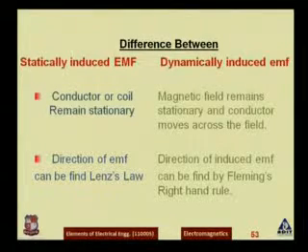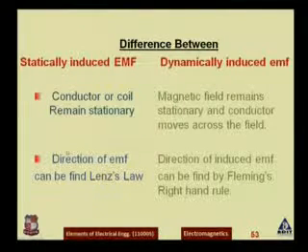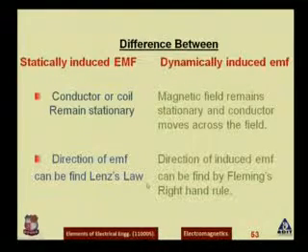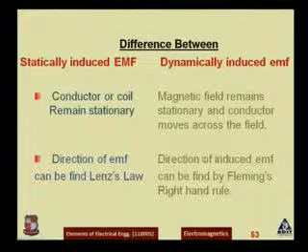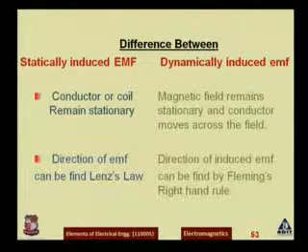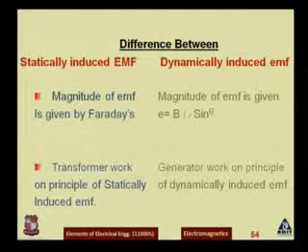The second difference is that in the statically induced EMF, the direction of the induced EMF can be found with Lenz's law, while in the dynamically induced EMF, the direction of the induced EMF can be found by Fleming's right hand rule. We will see Fleming's right hand rule and left hand rule in the next session, when we see the difference between those two rules.